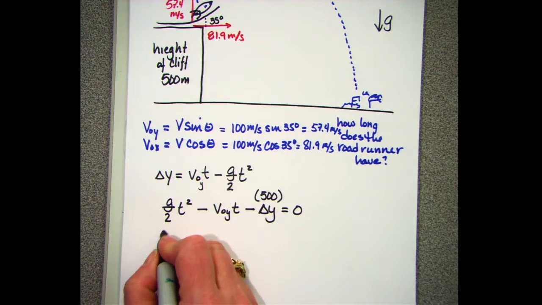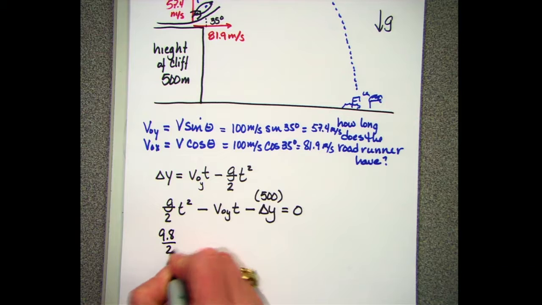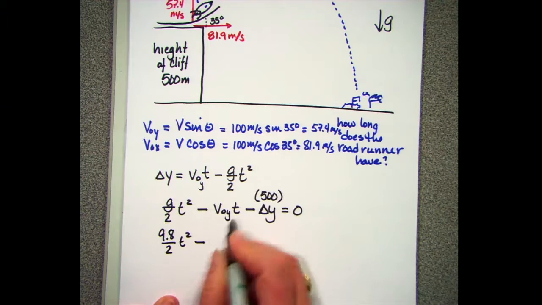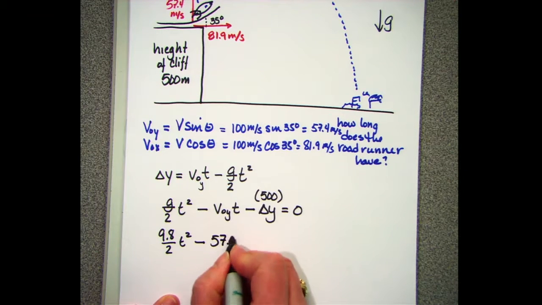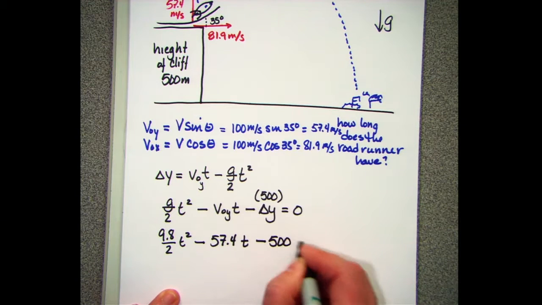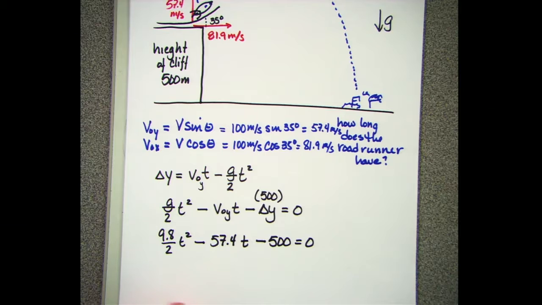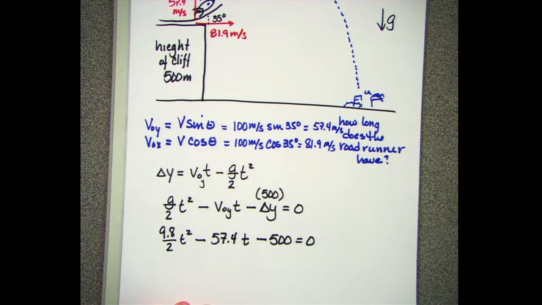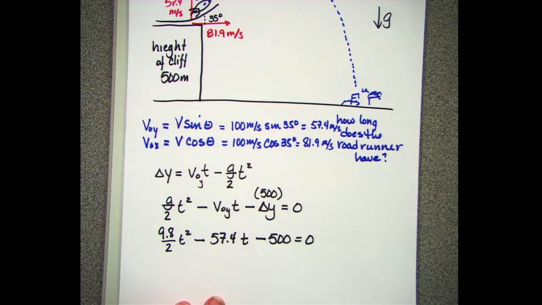So now I can plug in numbers. I can get 9.8 divided by 2 t squared minus 57.4 times time minus 500 is equal to 0. Well, I can do a couple of things at this point. It just depends on what you want to do.